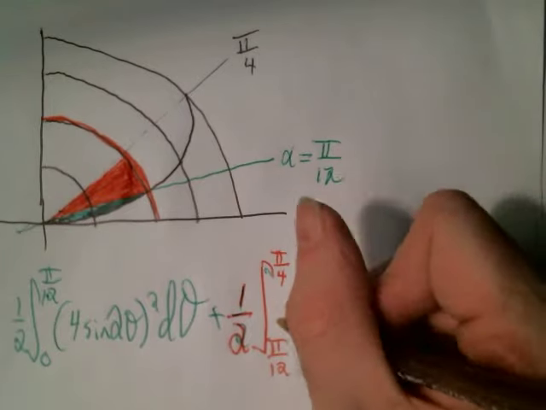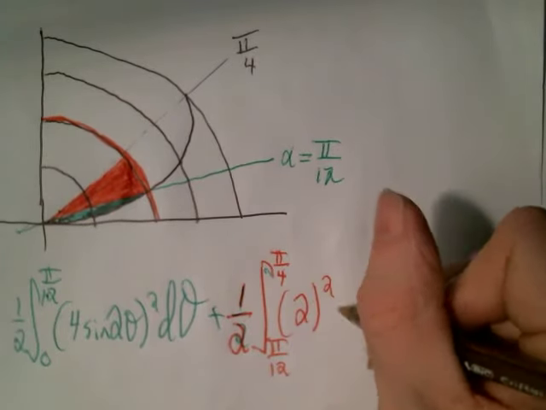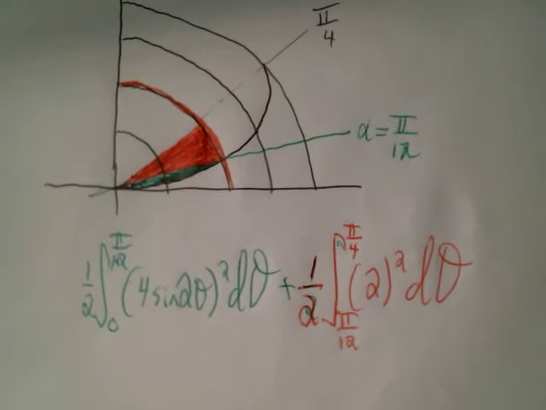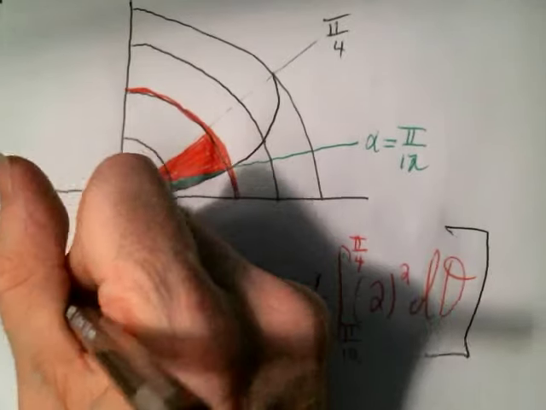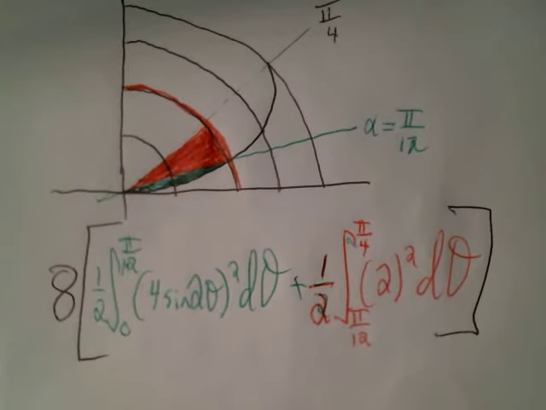This time it was just r equals 2, so we have 2 squared, d theta. And then finally, I need to multiply all of this by 8 to get my total answer. I'm just making sure I wrote it up right. That does it pretty much for the area part.